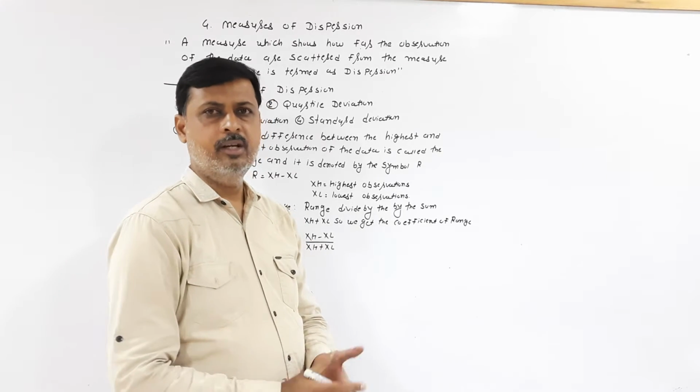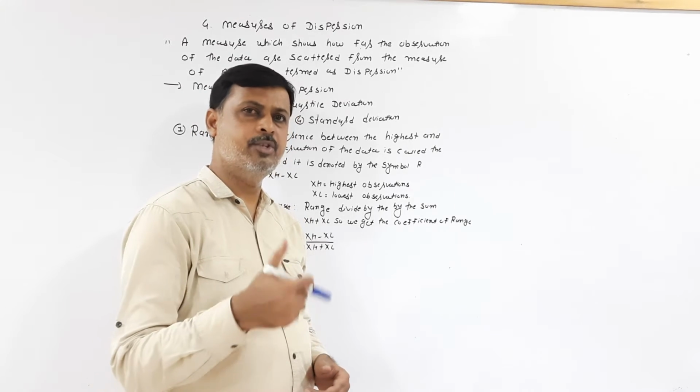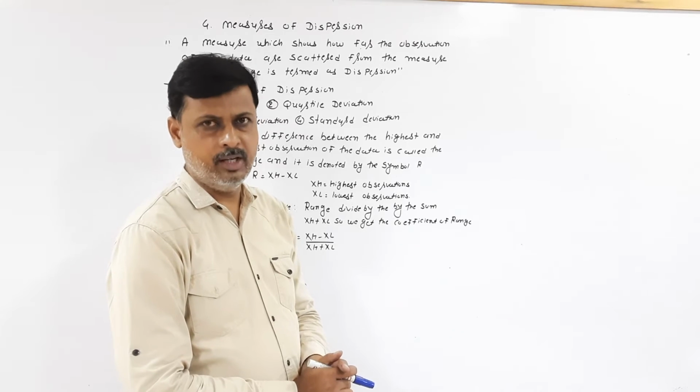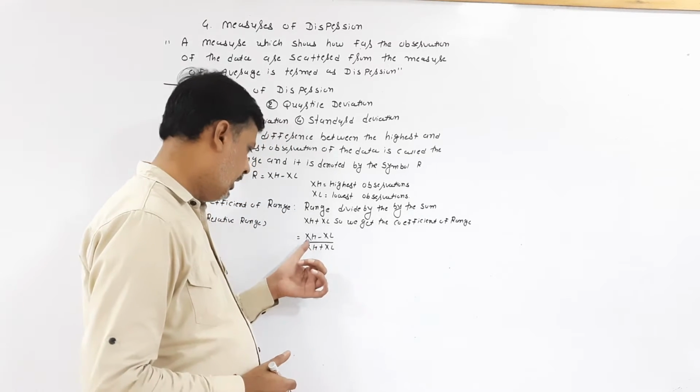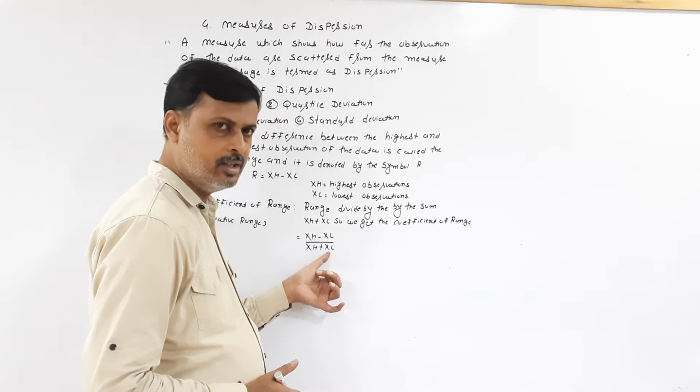Relative range means it is free from unit. मतलब उसका जो आंसर आएगा उसके पीछे आप kg या मिलीलीटर ऐसा कुछ नहीं लिख सकते. XH minus XL upon XH plus XL.